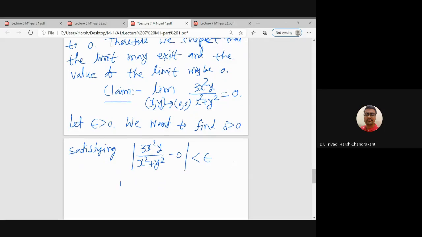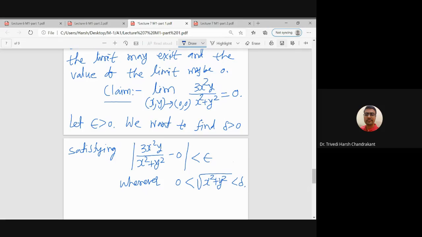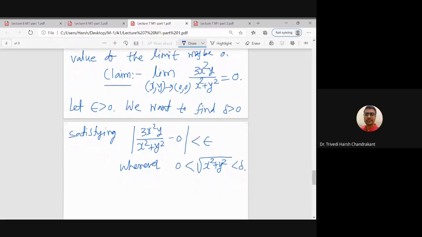And this we want to prove whenever 0 is less than square root of (x minus a) square plus (y minus b) square. Here the point (a,b) is (0,0) because we are approaching (x,y) to (0,0). So therefore this becomes square root of x square plus y square less than delta, right? So this is essentially what we want to prove. If we can prove this, that means our function has limit 0 as (x,y) approaches (0,0).